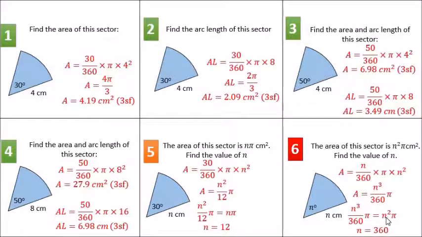Now that should equal n squared pi. For a similar reason to this one, the n cubed over 360 should be equal to n squared. So n cubed equals 360n squared. Divide both sides by n squared, so n is equal to 360.